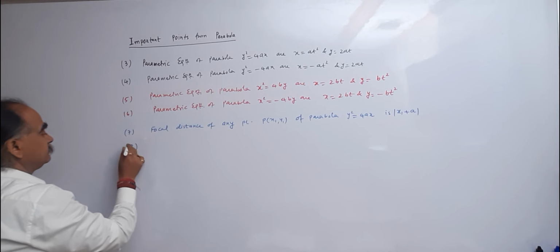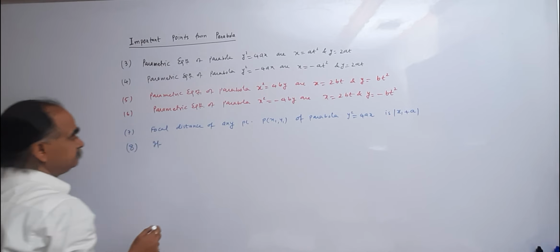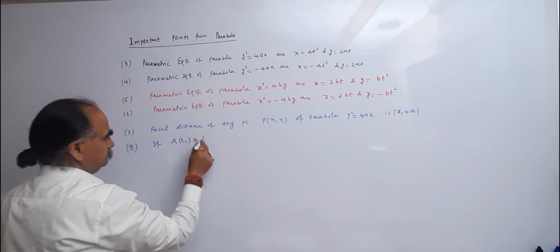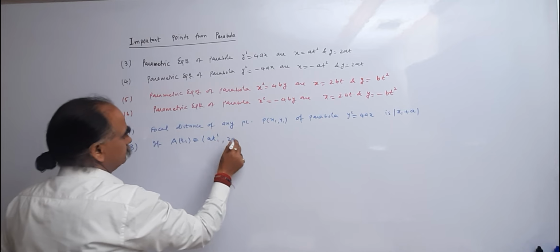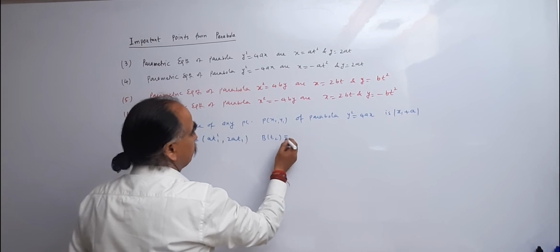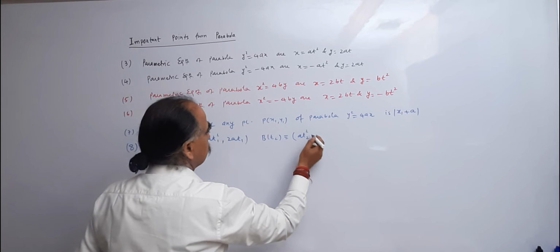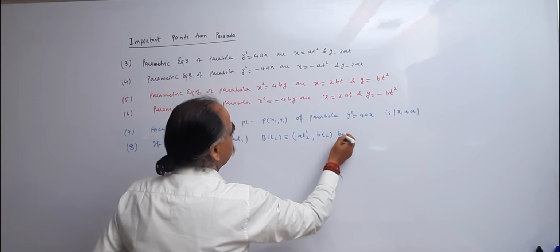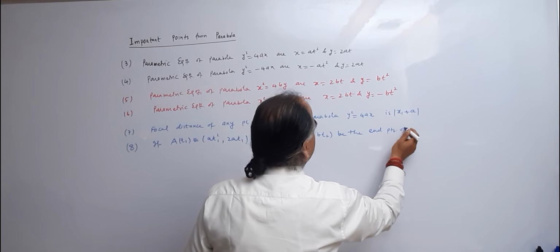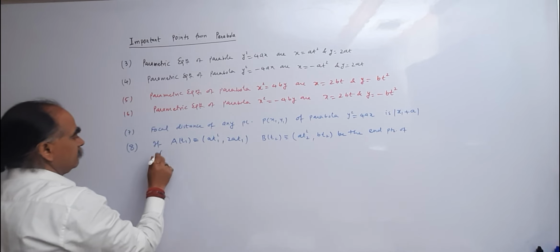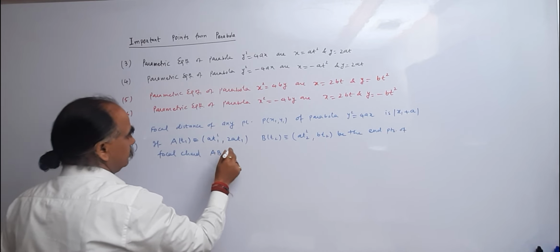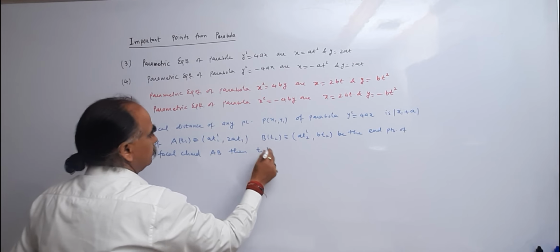Point number 8, if At1 and Bt2 corresponding to (at2 square, 2at2) be the end points of focal chord AB, then t1 t2 is what?